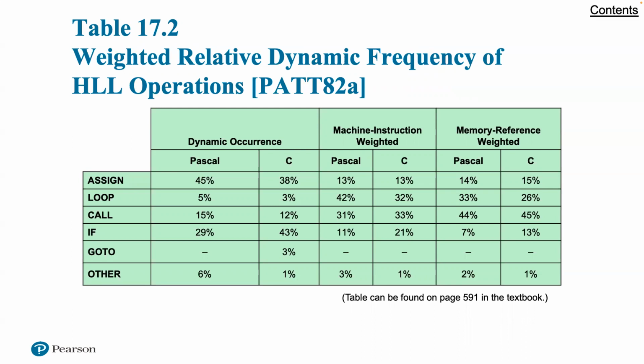Assignment statements predominate, suggesting that the simple movement of data is of high importance. There is also a preponderance of conditional statements, that is, if and loop types of statements. These statements are implemented in machine language with some sort of compare and branch instruction. This suggests that the sequence control mechanism of the instruction set is important.